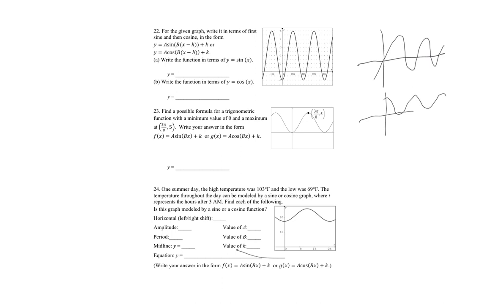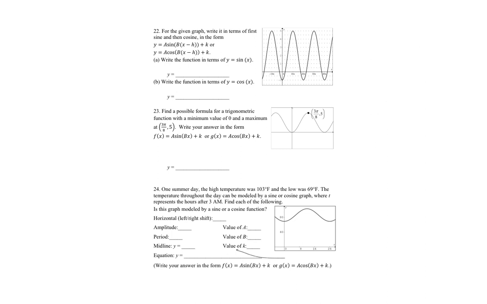So I'm going to look here and say, at zero, are we at the top or the bottom of a wave, or in the middle of one? In this case, we're at the bottom of a wave. That means normally I'd want to use cosine, so I'm going to have to shift sine in order for it to match cosine. If this were a cosine, which is going to be part B, we're not going to have to shift it, but for this one, we are going to have an h. So I just wanted to note that.